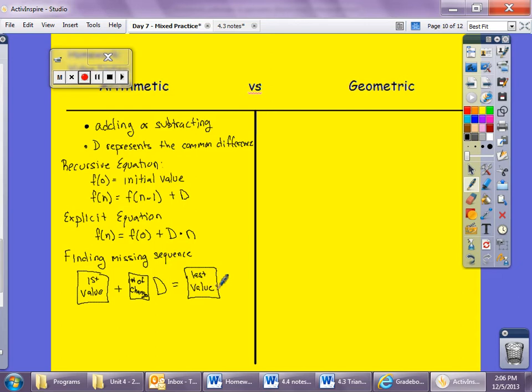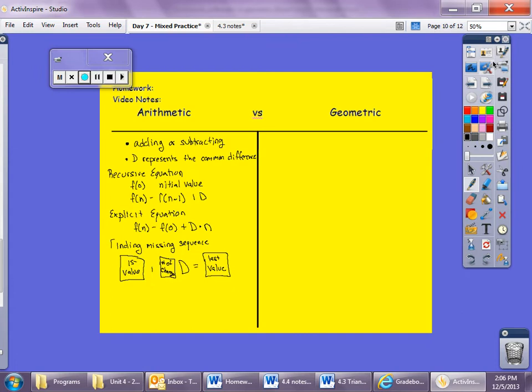Now what we can do here is make an example. I'm going to make this a little bit smaller so I can fill in my example here, and make my paper a little bit bigger to give me a little more room to write.